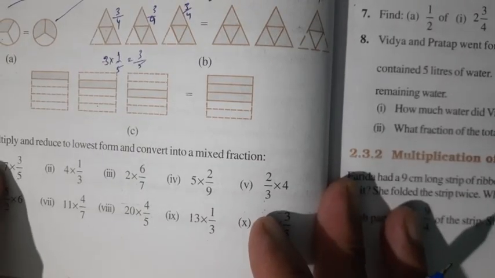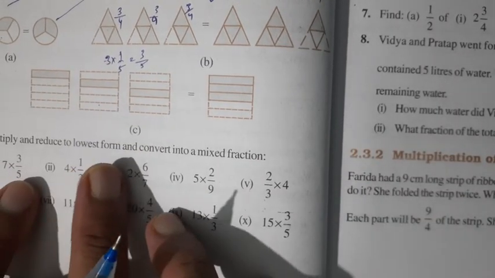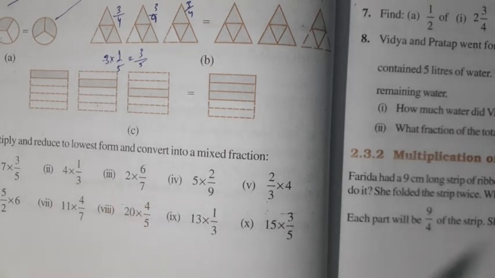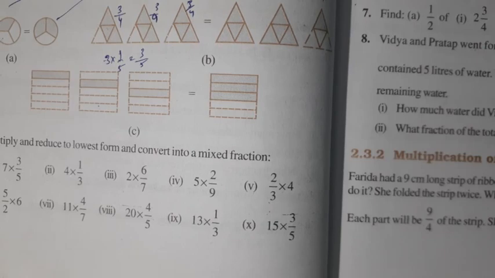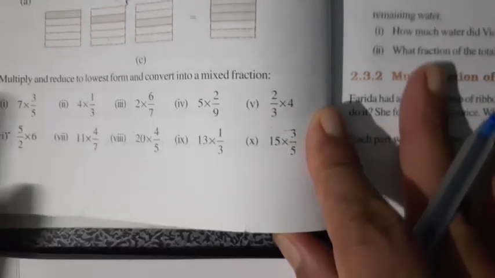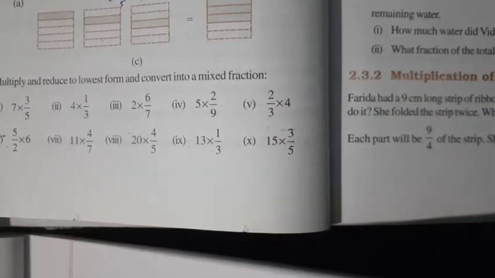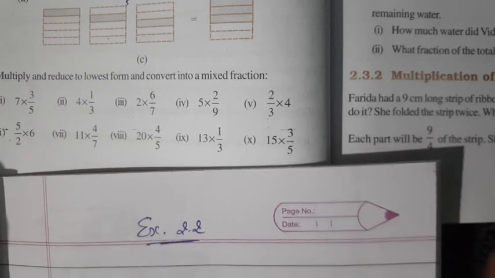Question number 3: multiply and reduce to the lowest form and convert into a mixed fraction if you are getting an improper fraction. Total 10 sums are there, out of 10 we solve 3 sums.